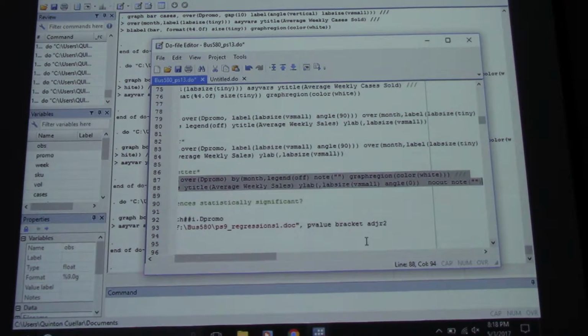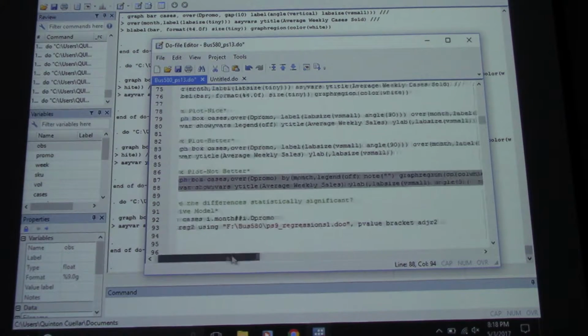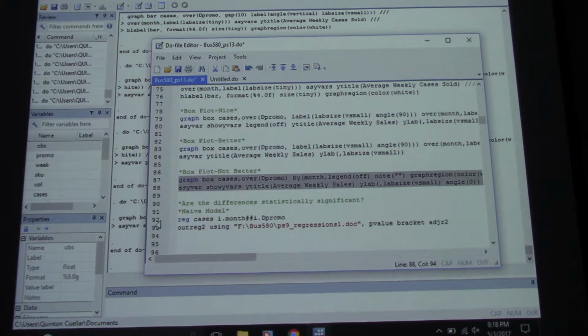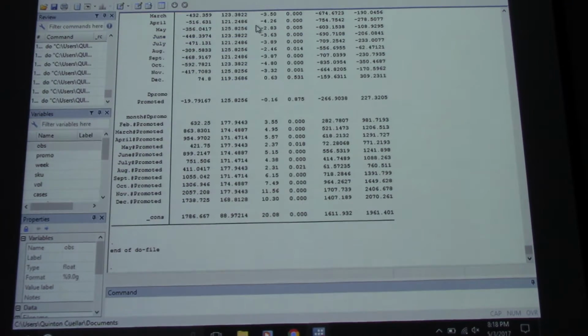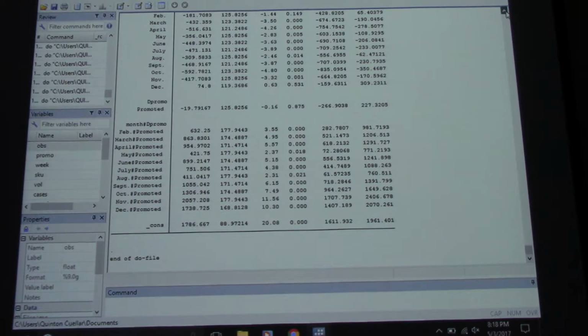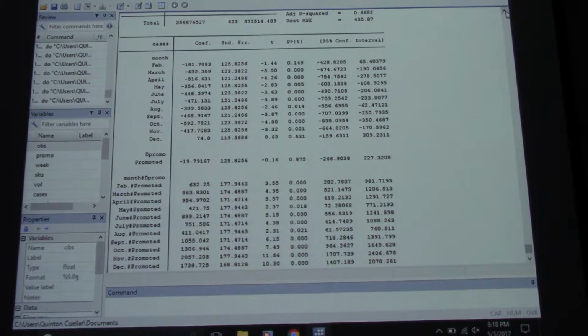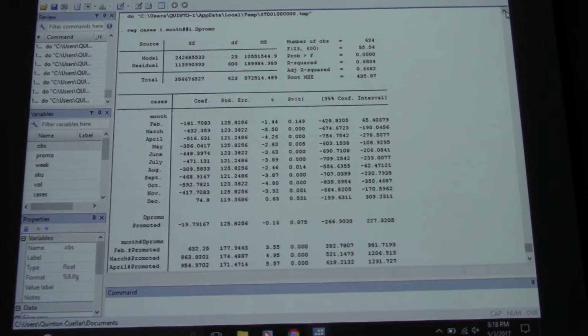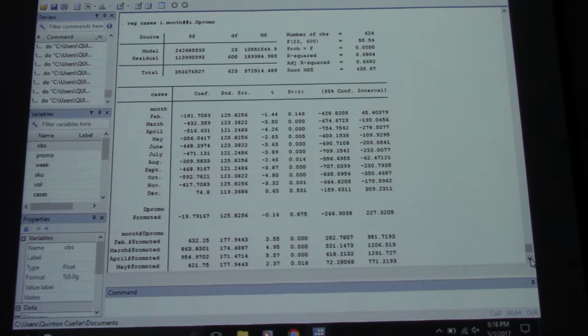All right, we can test. Remember, we really couldn't test for statistical significance, or we had to run that command that ran that t-test for every month. Here we can run a regression. Have we done factor variables? The hashtag things?